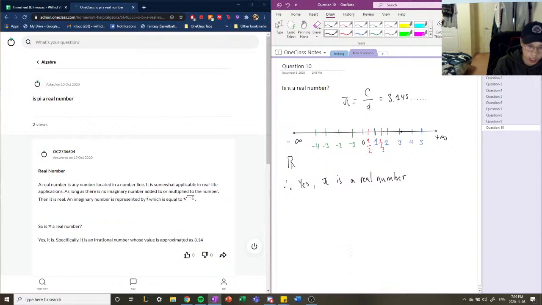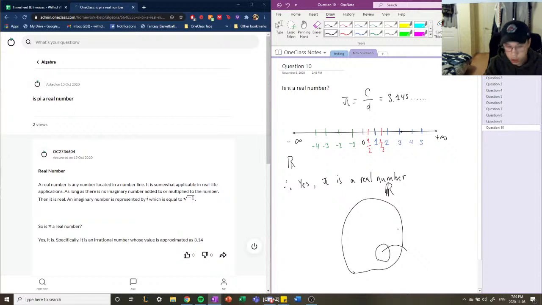Let's say this huge circle is all the real numbers. There's a small subset that is the natural numbers.